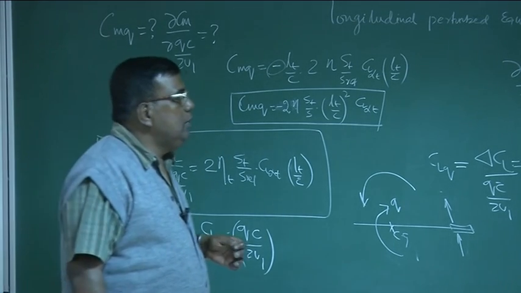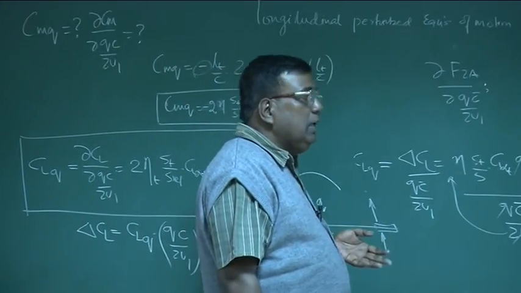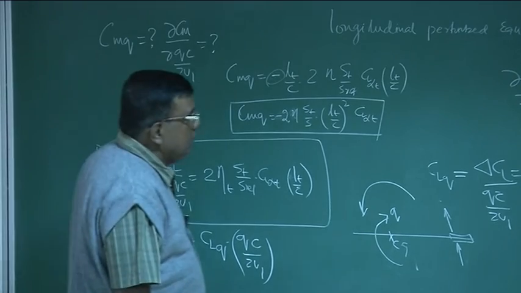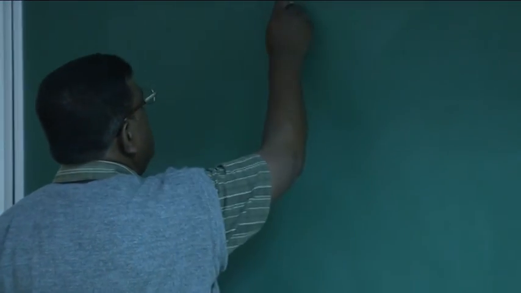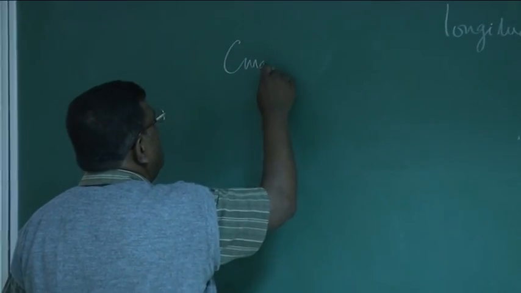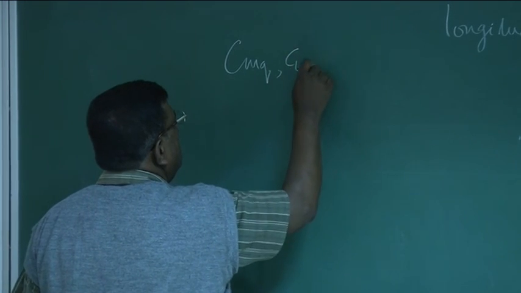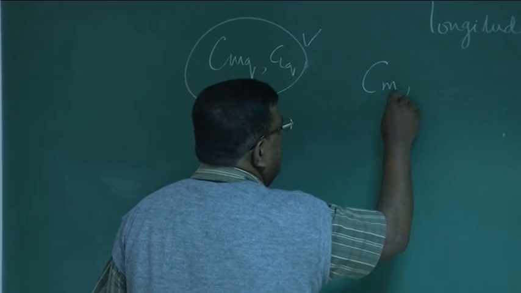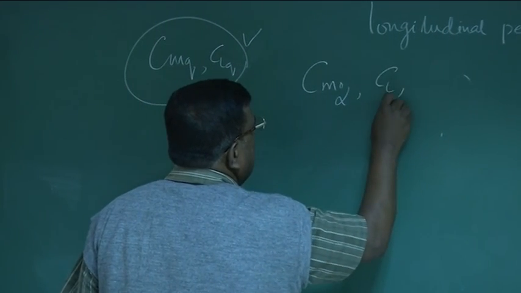Similarly, we will try to know the expressions for CL alpha dot and CM alpha dot. Then again we will come back to the perturbed equation of motion. So we have understood CMQ and CLQ. This is done. Now we are focusing on CM alpha dot and CL alpha dot.